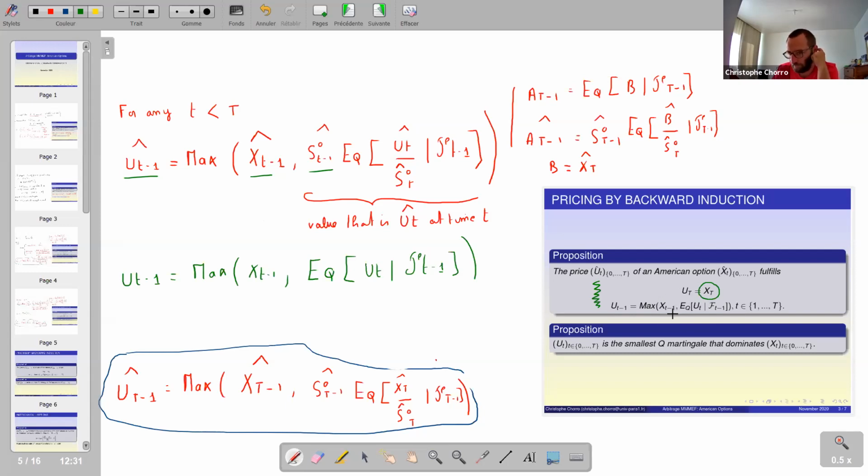Okay. So this is the proposition giving you the price of an American option. And you have this nice formula when you write it in the actualized way.